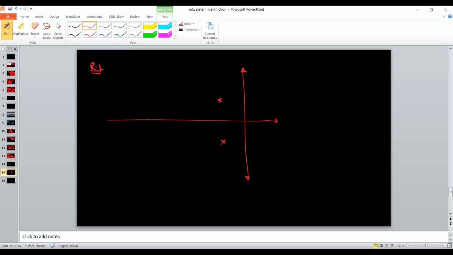Okay. So if you vary the gain value for a closed loop transfer function, then the root locus or the poles will shift away from the real axis along this direction. Okay. And similarly, the conjugate poles will shift along this direction away from the real axis.